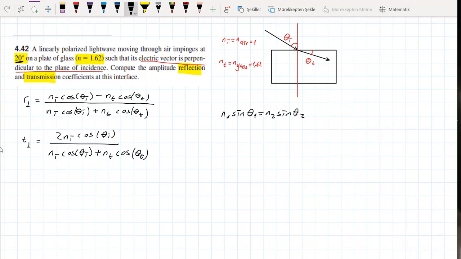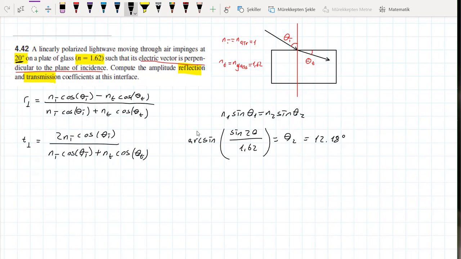So by substituting everything, sine 20 over 1.62, let's put this in arc sine, will be equal to theta 2. From here, I will find my theta 2 as 12.18 degrees.